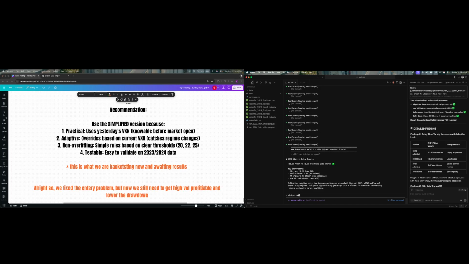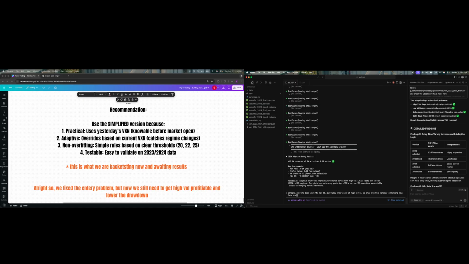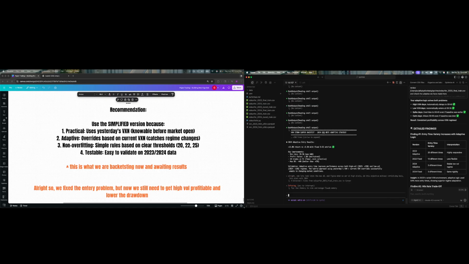All right, now let's look into the max drawdown and figure out why we are at high levels. Do this objectively without introducing bias. Let's start with 2024.